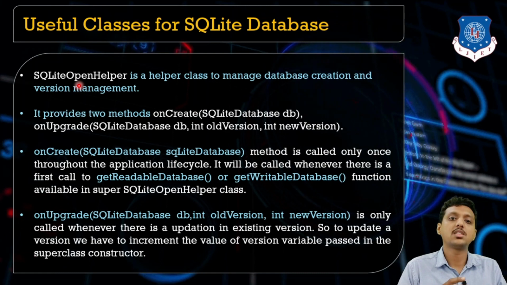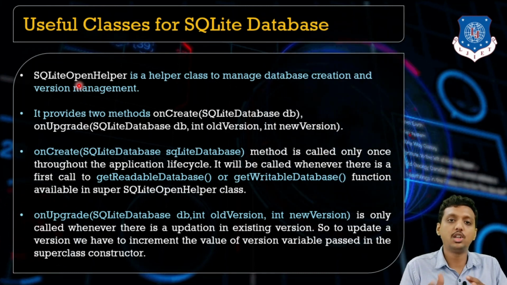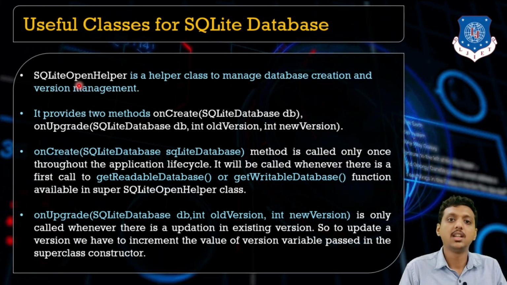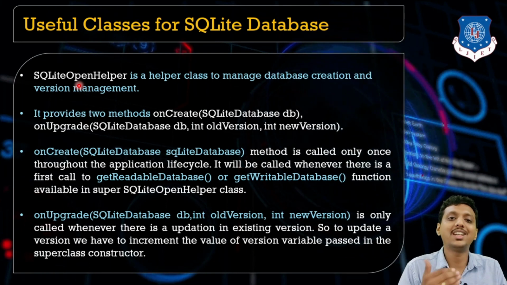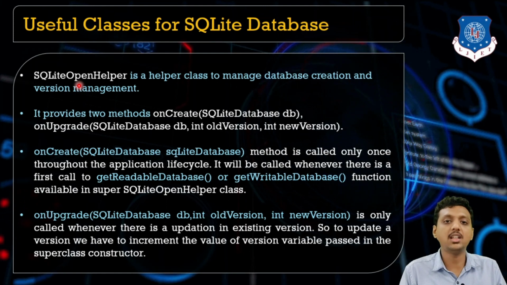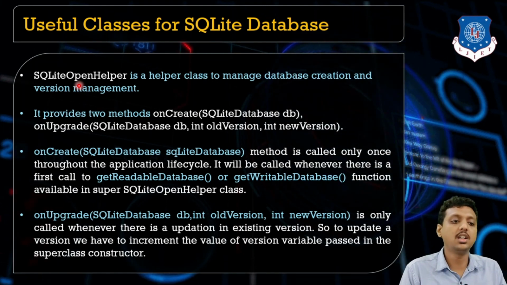Somehow after that I add one new table, or remove a column from a table, or alter the tables in some way, then the developer needs to create the next version of the database for that.